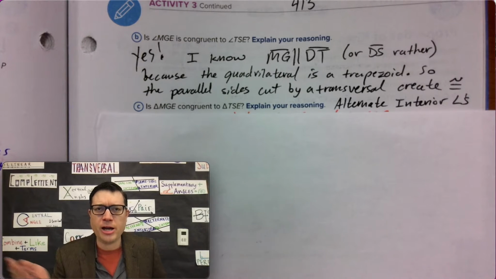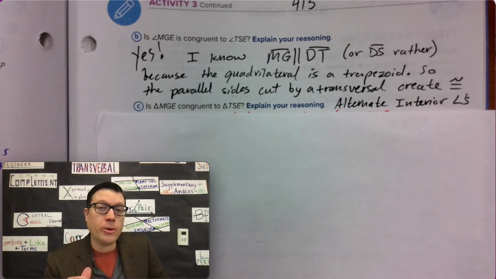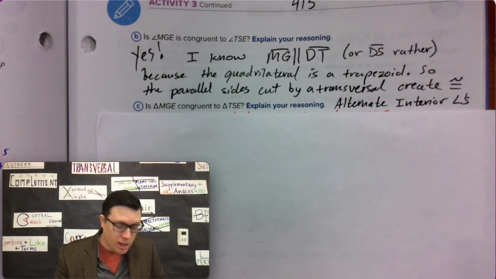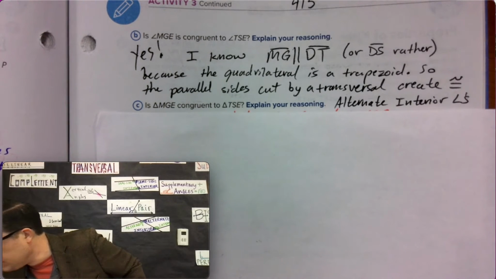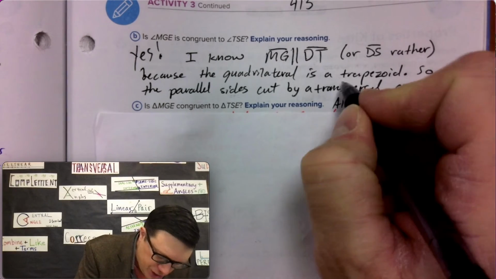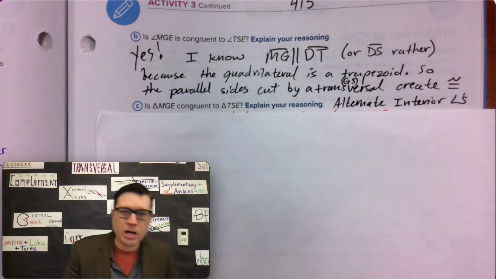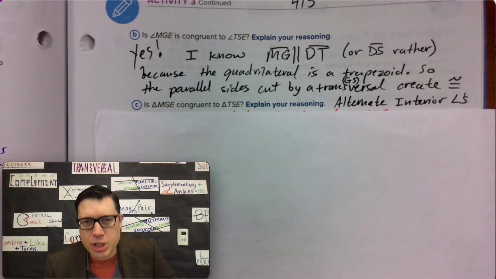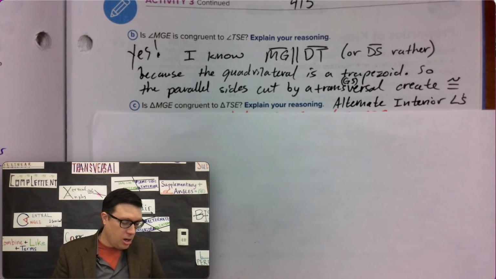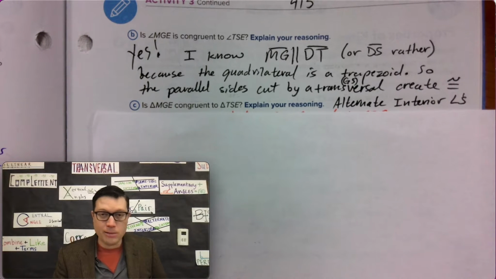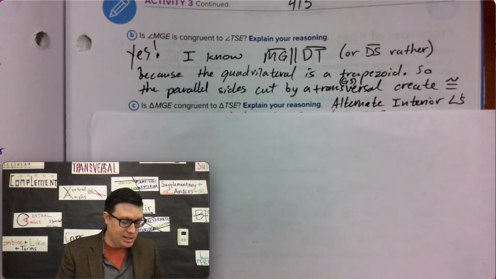It's a trapezoid, you've got to have parallel lines. Now, when those parallel lines are cut by a transversal, and the transversal in this case is GS, it creates alternate interior angles. And so those alternate interior angles allow us to acknowledge that MGE is congruent to TSE.